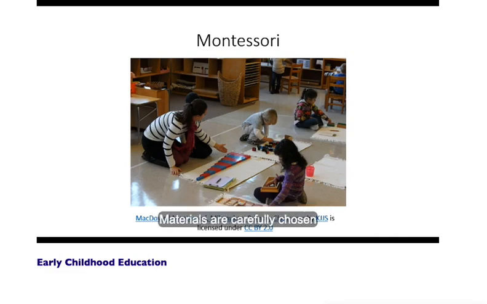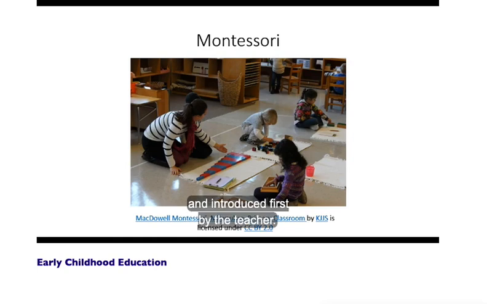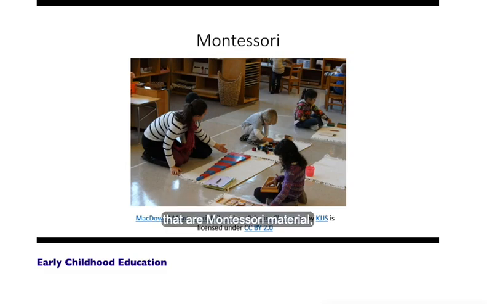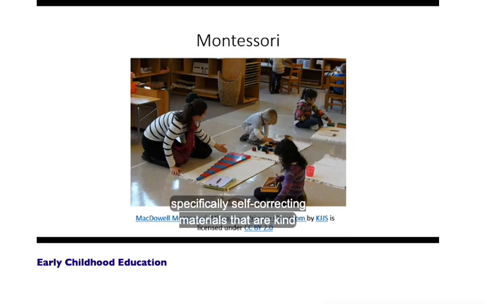Materials are carefully chosen and introduced first by the teacher. So the teacher gives a little lesson on how to use the materials, and then the materials are provided to the children to explore independently. And you can see in the picture that the children are working on tasks with different Montessori materials, specifically self-correcting materials that are designed to be used a specific way that gives the child feedback about what they're doing.